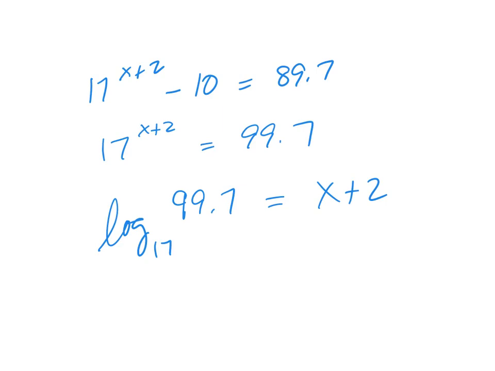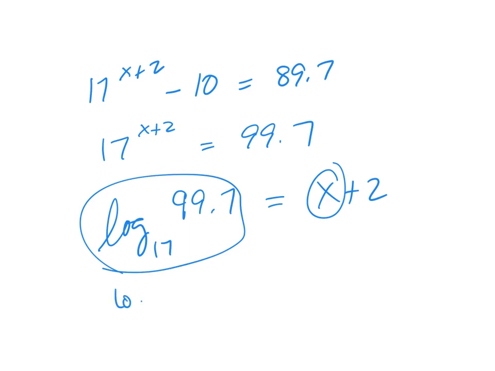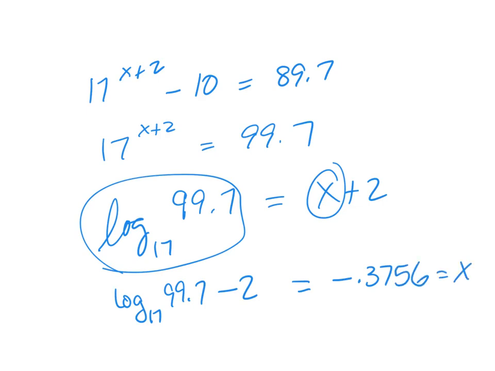Well, in order to leave the x alone, you have to subtract 2 from this. So when you turn that into a decimal and subtract 2 from it, you should get negative 0.3756, which would be equal to x.